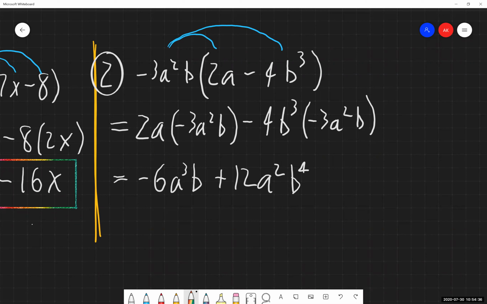First one is just a b value, second one is b to the fourth. So while the variables are the same, the exponents are not, and therefore I cannot combine like terms here, cannot do anything else with this problem. I am done. I have my final answer there.